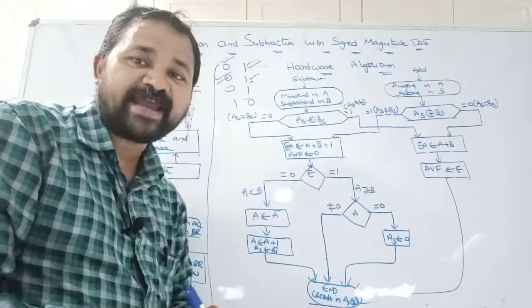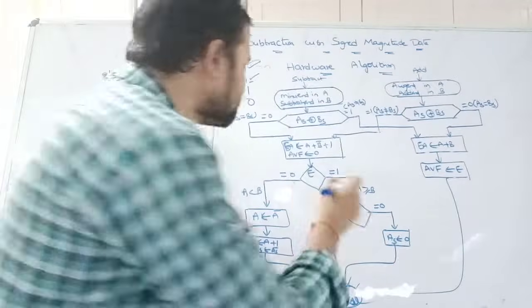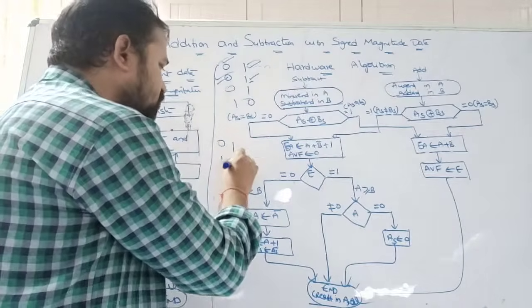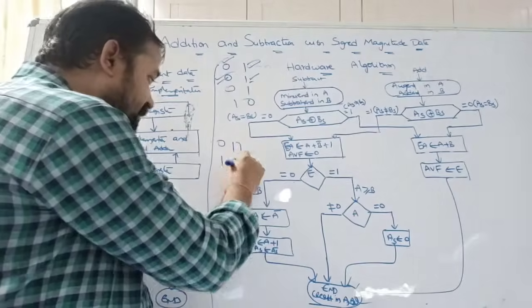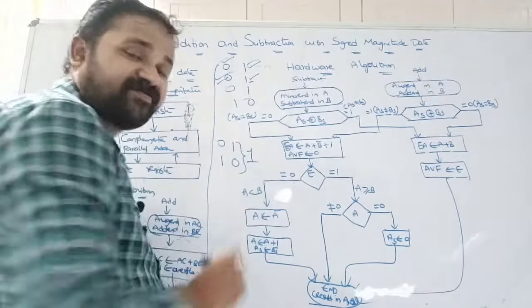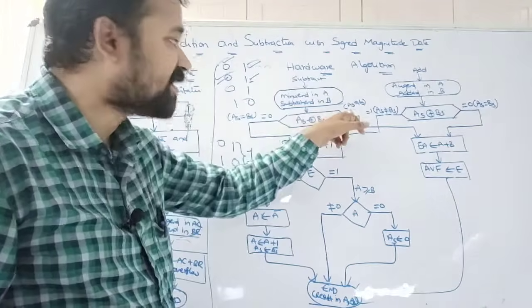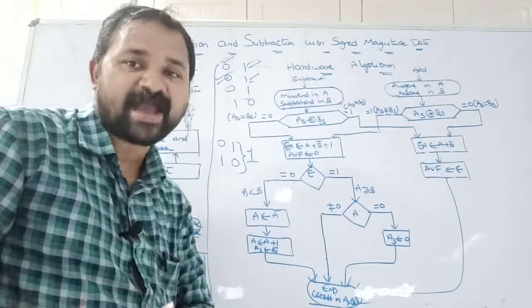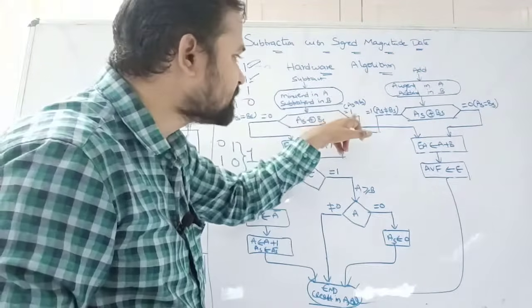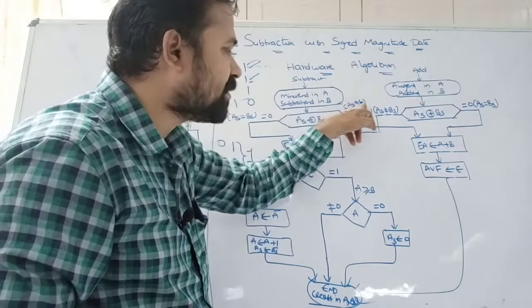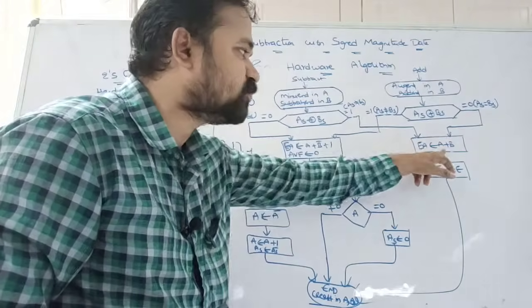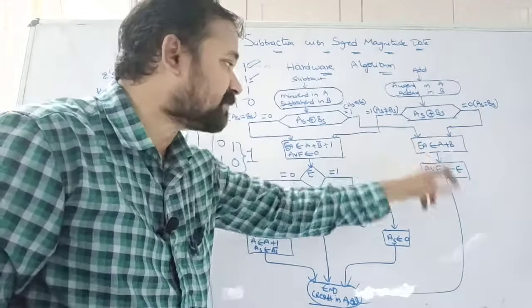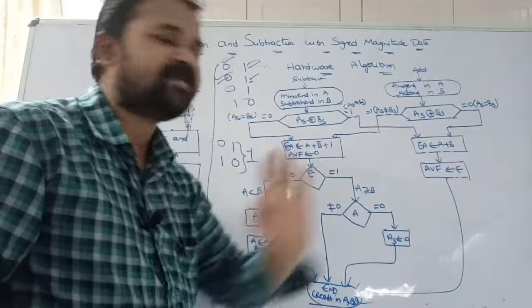If the signs of A and B are different, that means the signs are either 0, 1 or 1, 0, then if we perform the exclusive OR operation, we will get the result as 1. So if this result is 1, that means AS is not equal to BS, then we have to add the magnitudes. So the result is stored in EA and output carry is transferred to AVF.